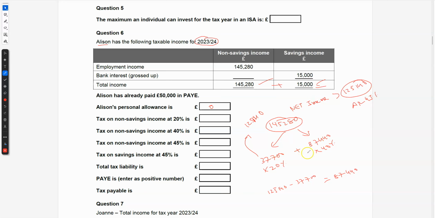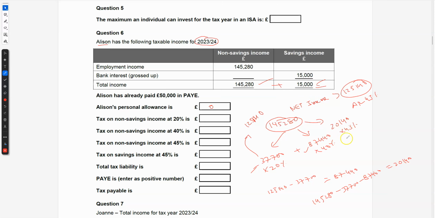So the rest of the balance is 145,280 minus 37,700 minus 87,440, and the difference we have is 20,140. On this amount of 20,140 we have to pay tax at 45%.